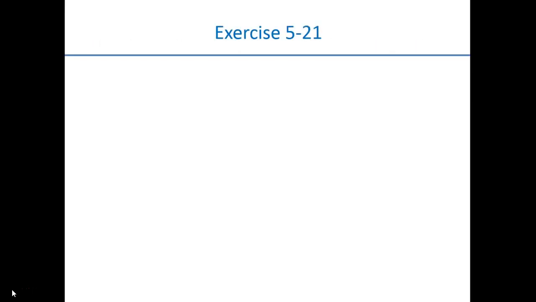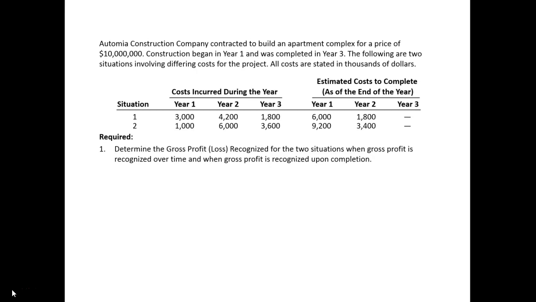Now let's look at exercise 5-21. Automia Construction contracted to build an apartment complex for a price of $10 million. Construction began in year 1 and was completed in year 3. The following are 2 different situations involving different costs for the project.